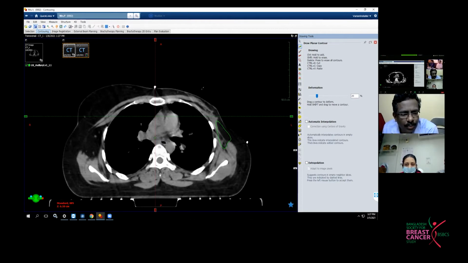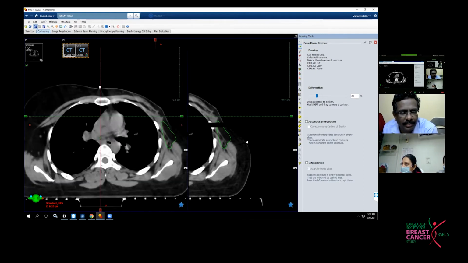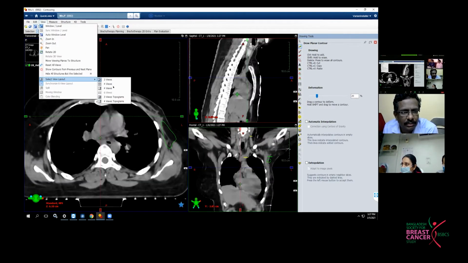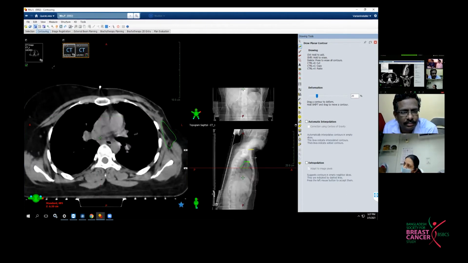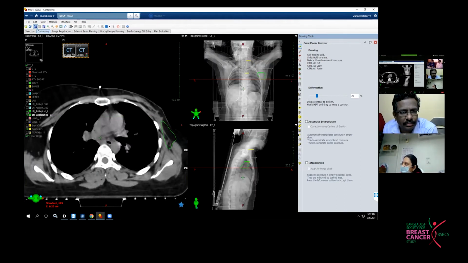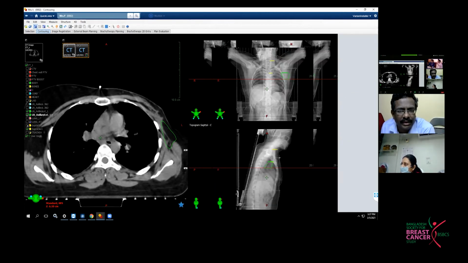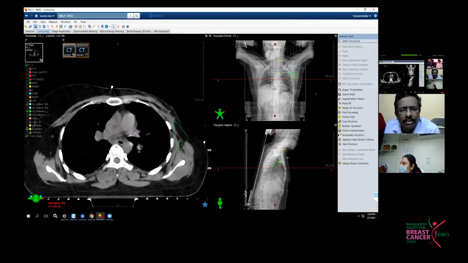Can you put the topogram now, the topo view, and see where the lower border comes. It looks okay. Dr. Rajesh, what is your comment on this contouring of level 1, 2, and 3?